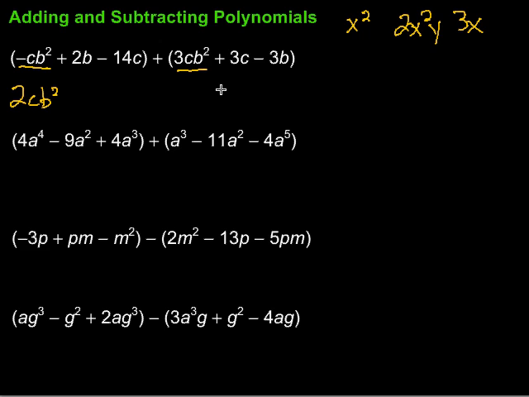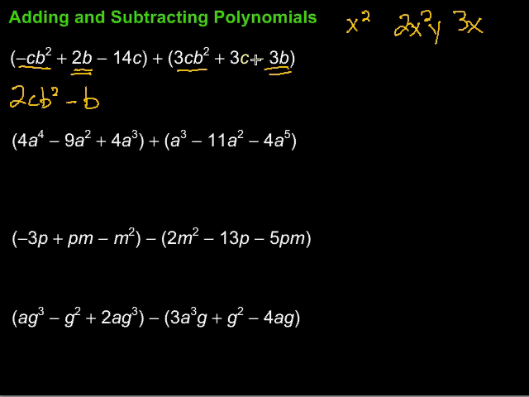Then I add those together, I end up with 2 of those. In the same way, if I had -1 apples and 3 apples, I would end up with +2 apples. Okay, so then we've got a 2b here, and I've also got minus 3b here. So combine those two things, and I have -b.